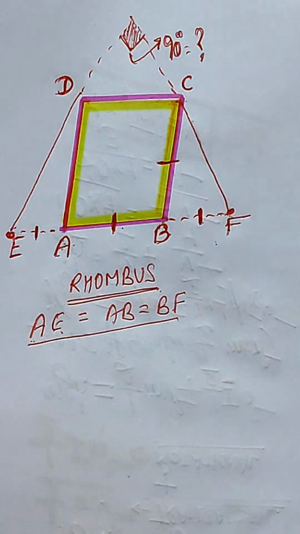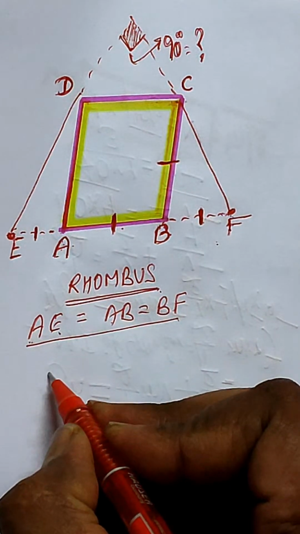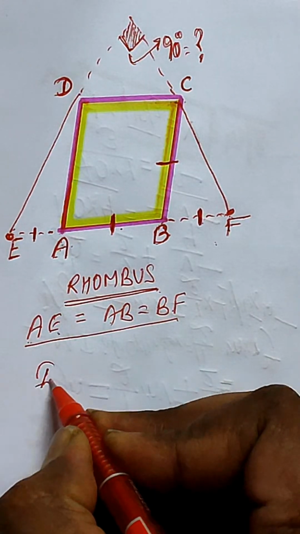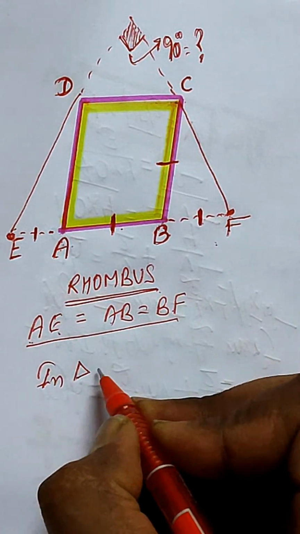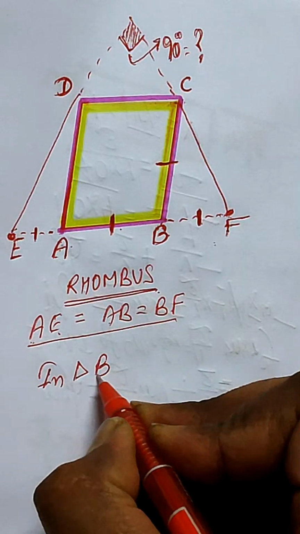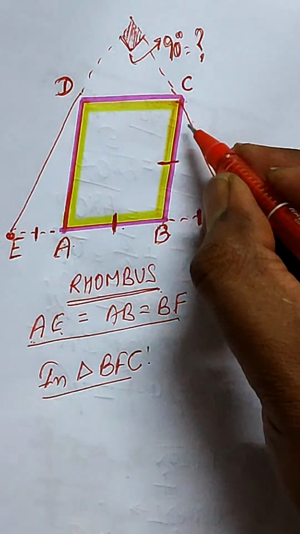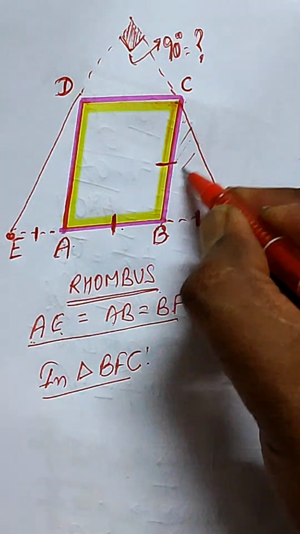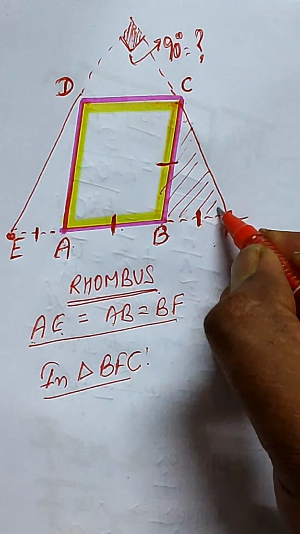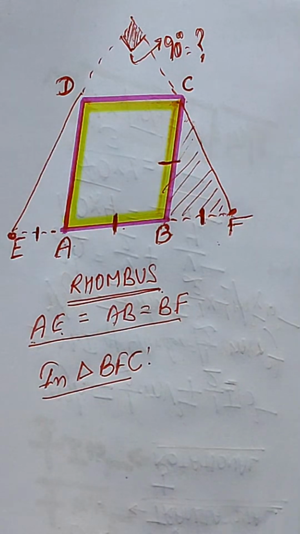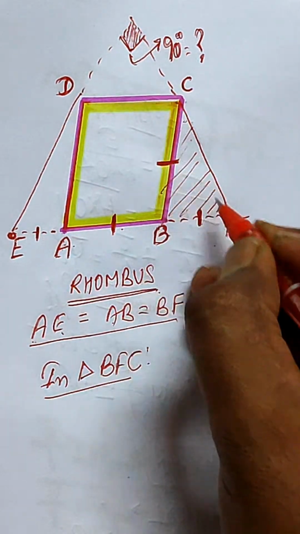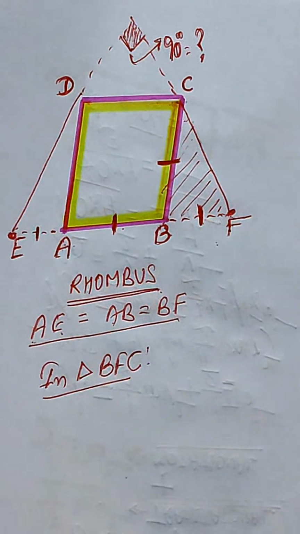This one, isn't it? So in triangle BFC, this triangle, in triangle BFC, this side and this side are equal.